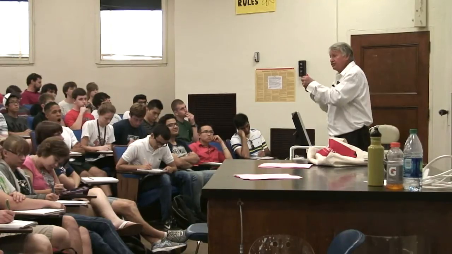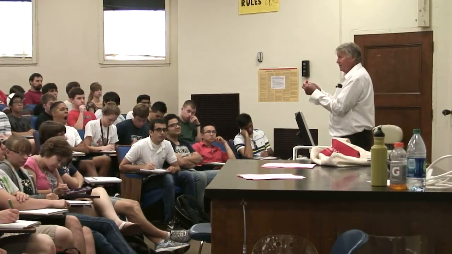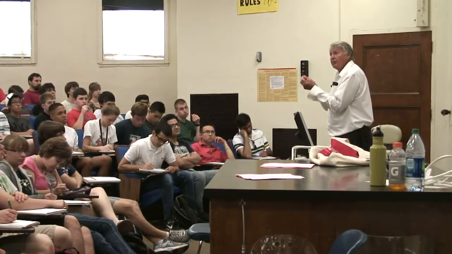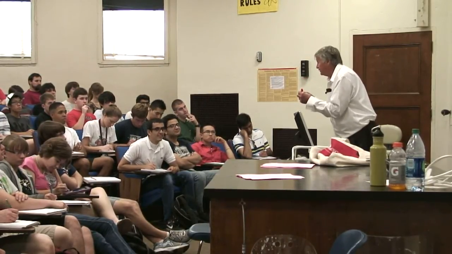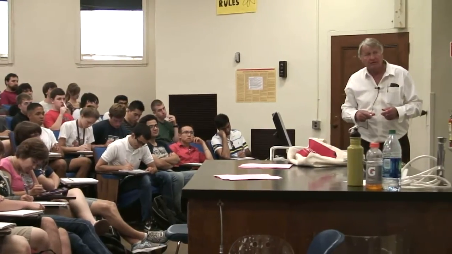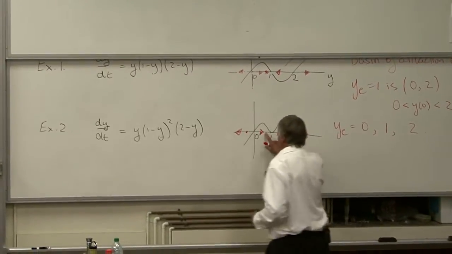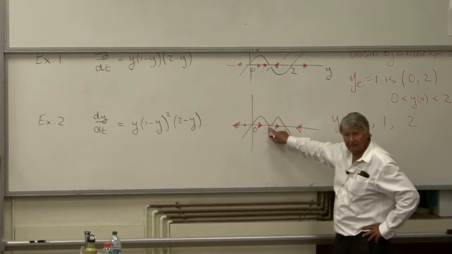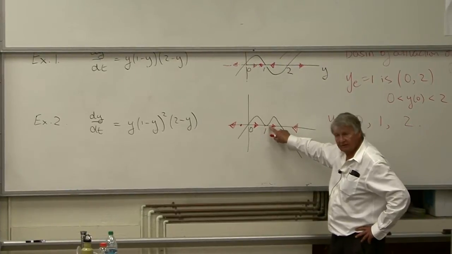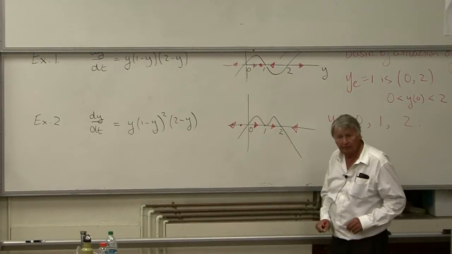I don't have to just start near on one side and stay near. I must be able to start near on both sides and stay near. It's true that if I start on this side, I will end back at 1. But if I happen to perturb to this side, I will end up at 2.